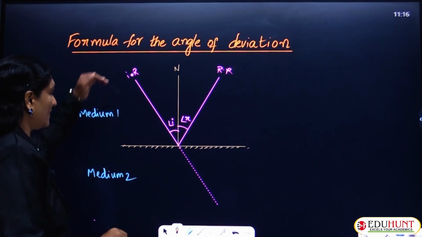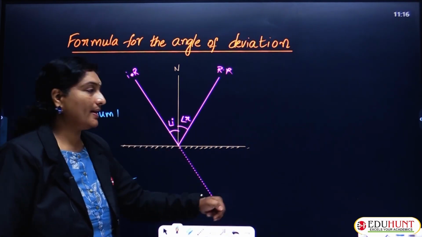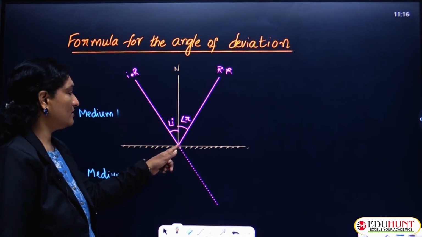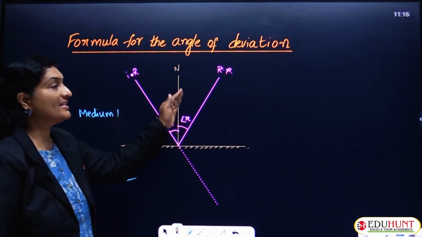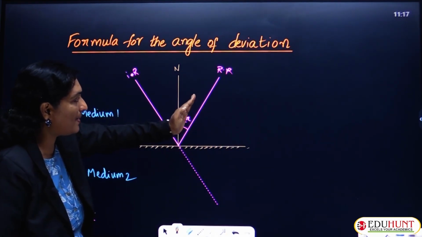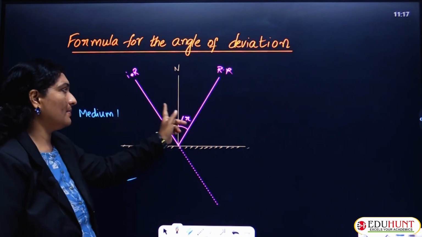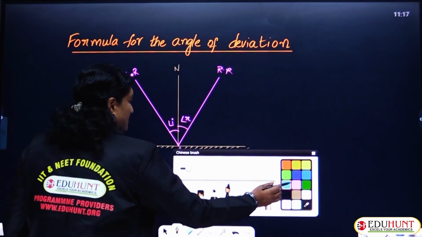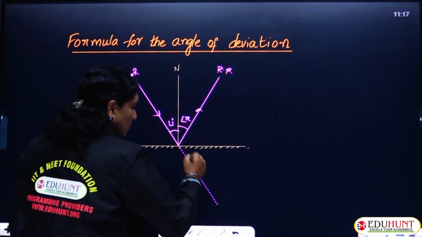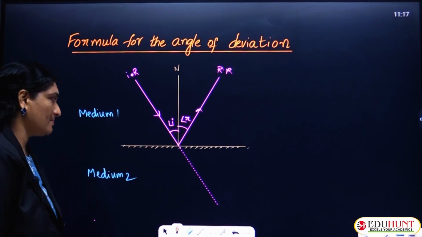So this light ray, instead of traveling straight ahead into the second medium, at this surface, at the point of incidence, it deviates its path. So instead of going like that, it deviates its path and reflects back into the same medium. Actually, it has to go straight ahead. As the medium changes, it is reflected back.